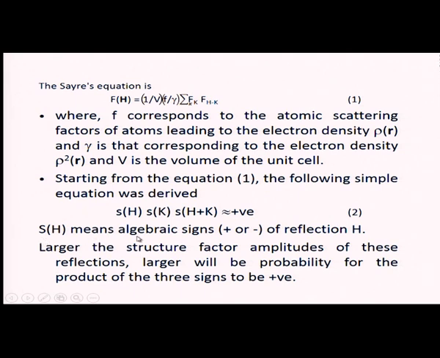S of H means algebraic sign. Because it is centrosymmetric, it can be either plus sign or minus sign. Correspondingly, the phases can be either 0 or pi for reflection H. Okay. Again, as per probability theory in direct methods, the larger the structure factor amplitudes mod E h, mod E k and mod E h plus k of these three reflections H, k and H plus k, the larger will be the probability for the product of the three signs to be positive.